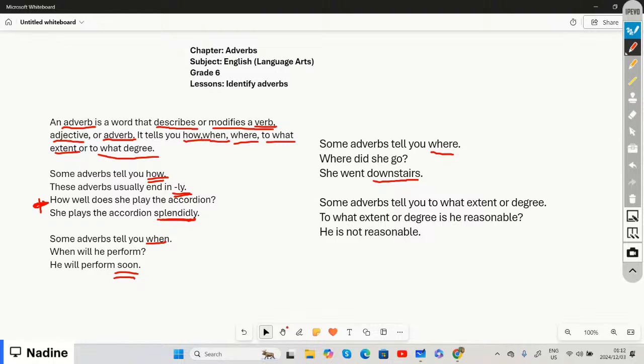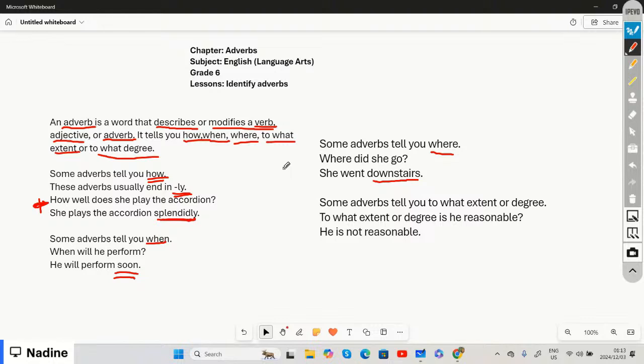But basically, anything that tells us where, that tells us basically like the place, that is the adverb that tells us where. It's the place where it is taking place. So downstairs is our adverb.